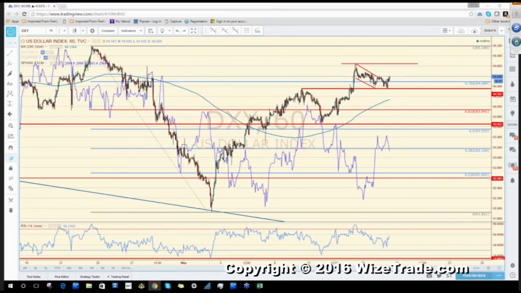Let me grab the pen. You guys see what I'm drawing? This is the dollar. This is the S&P. Do you notice that we're starting to see that inverse relationship? You guys notice that?